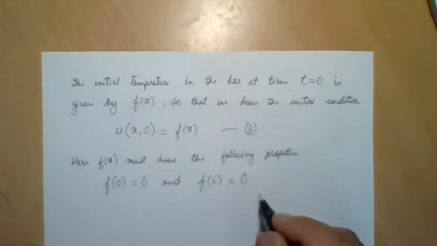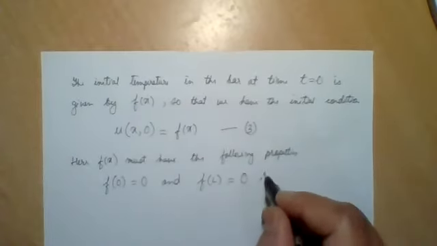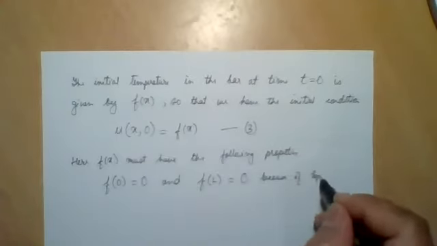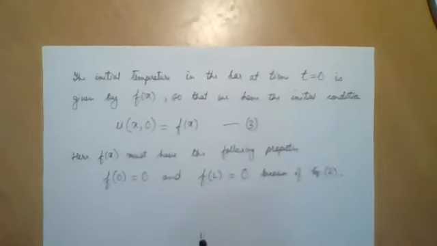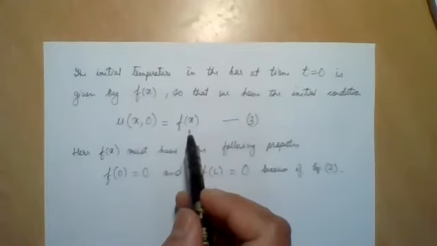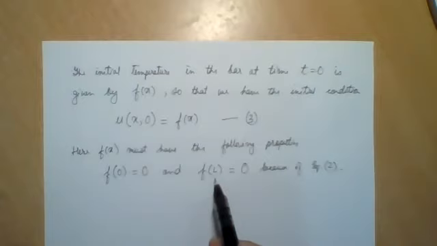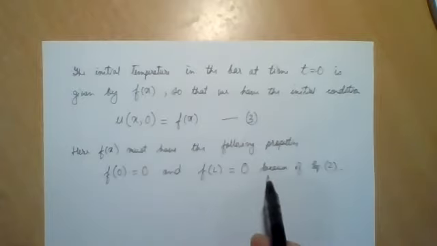This was the boundary condition, equation 2. So this is the temperature distribution across the bar, and f at x equal to 0 should be 0, and f at x equal to L should be 0 because this was the condition imposed by the boundary condition.